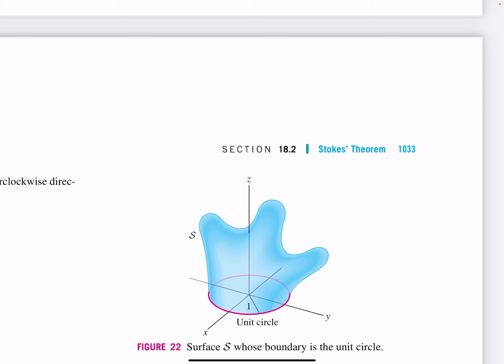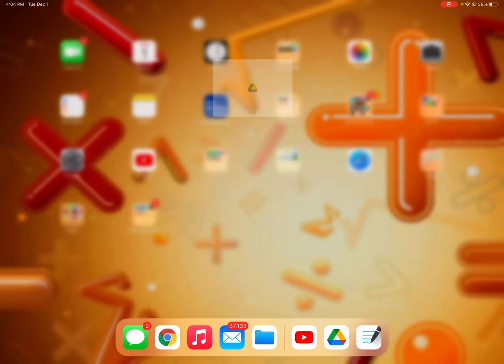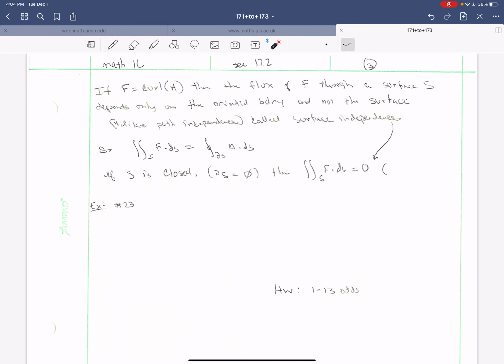As long as it had the same unit circle boundary, it can be a complete mile-long windsock if you want, and it'll still be 25. So that kind of shows where it seems like there's a lot of work to do, but they gave you enough to just reason out that there's not anything that you need to worry about.